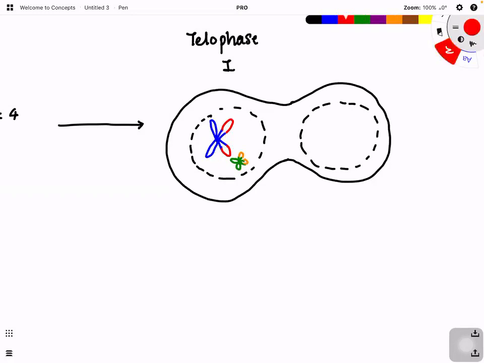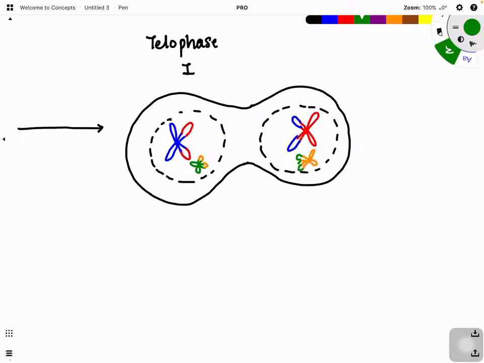This side, you're going to have the red with blue, and then this orange color chromosome with a little bit of green. Okay, so this is telophase 1.